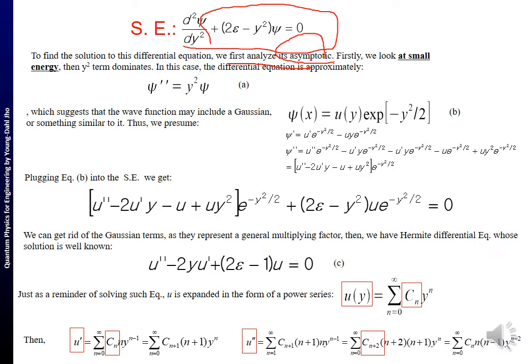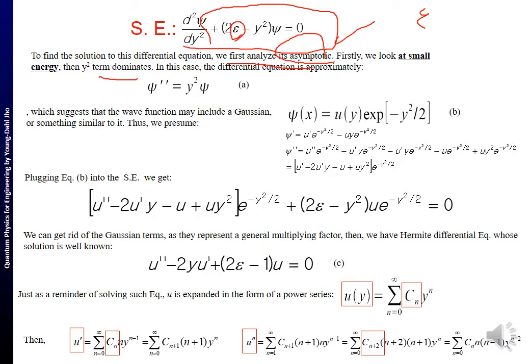So actually this is taken from the differential equation class. Firstly, we look at small energy, then the y squared term dominates. In this case, small energy means epsilon is very small.